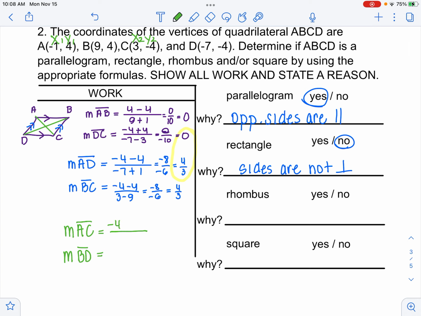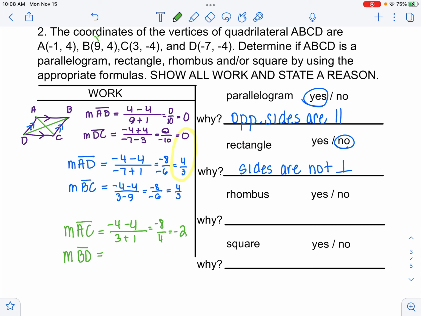Negative 4 minus 4 over 3 minus negative 1, so plus 1. So that's negative 8 over 4, which is a negative number. 8 divided by 4 is 2. We got negative 2.